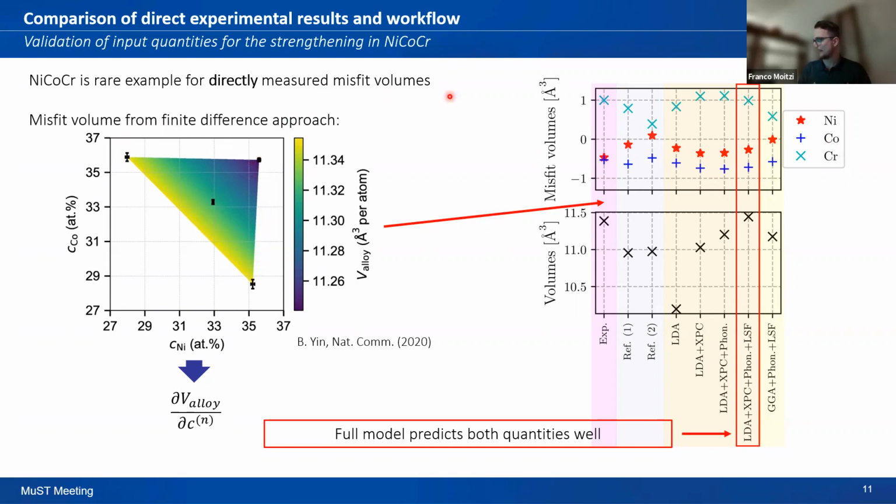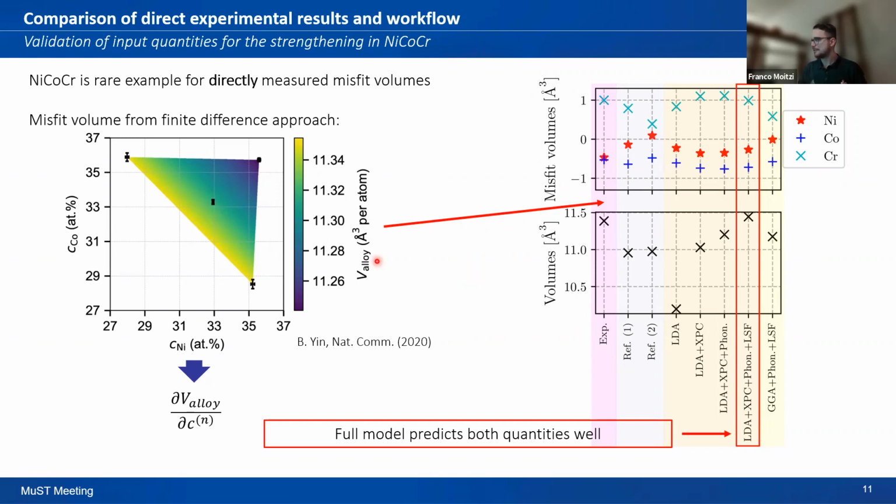And in this study, they also tried to predict the equilibrium volume and these so-called misfit volumes with different theoretical methods, I mean DFT, but also supercell methods and Green's function methods. And they failed basically in both cases. So this is one study actually.